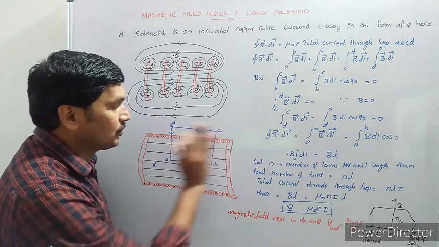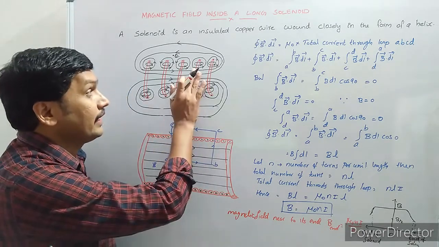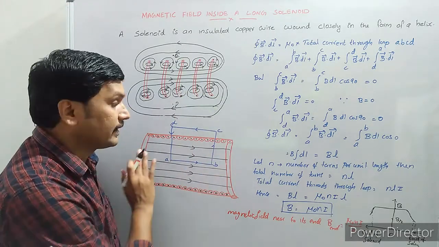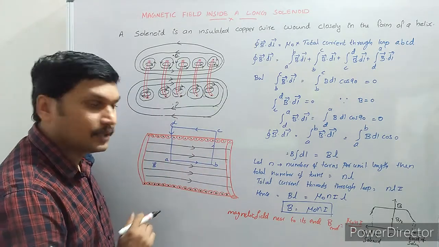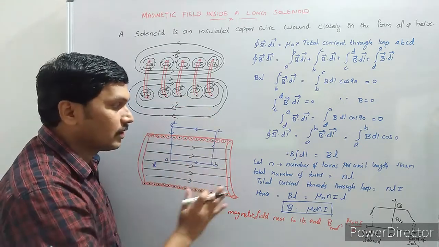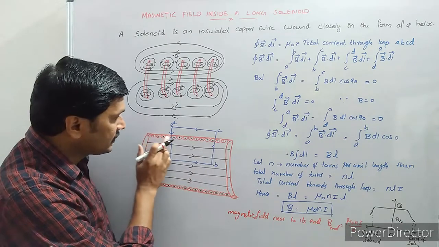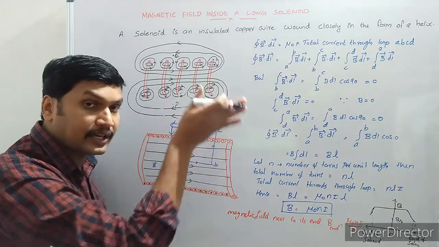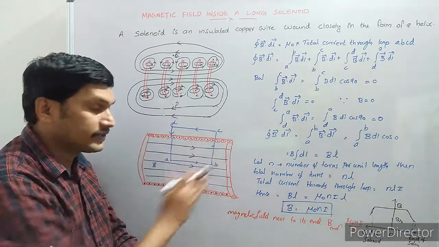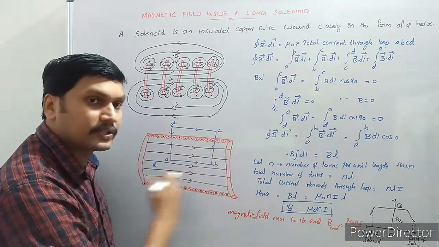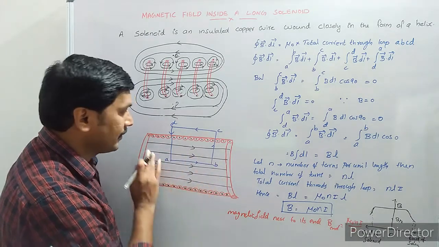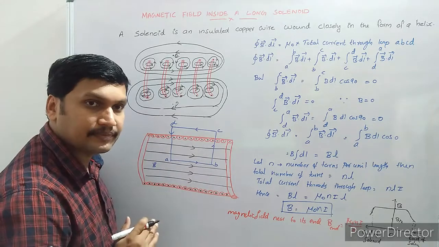So here is another sectional view of the solenoid. This is actually a very enlarged view, and another normal sectional view of the magnetic field for a solenoid is shown. Actually, this is a longitudinal section of a solenoid. These are the ends of the solenoid. Once you cut a long solenoid like this along the axis, it will look like this. And this is the interior portion of the solenoid, and the magnetic field is shown by parallel magnetic field lines.